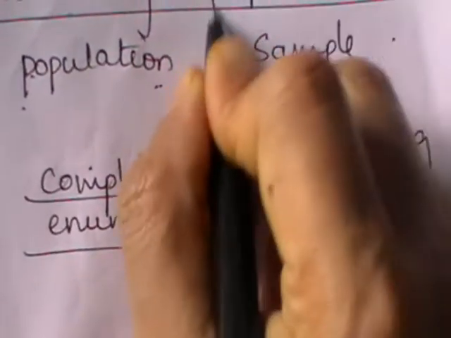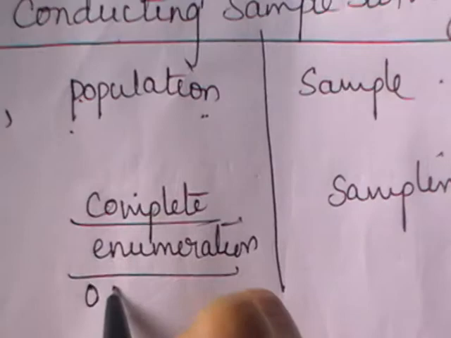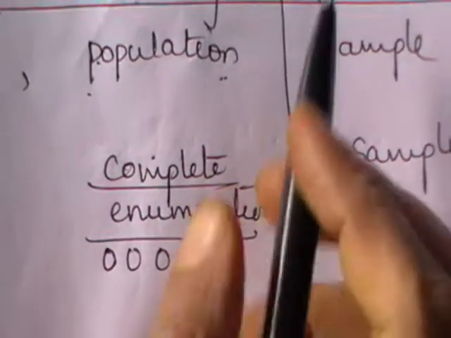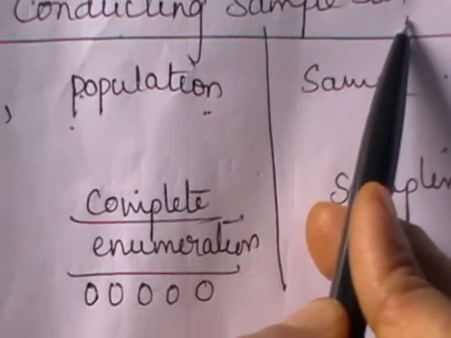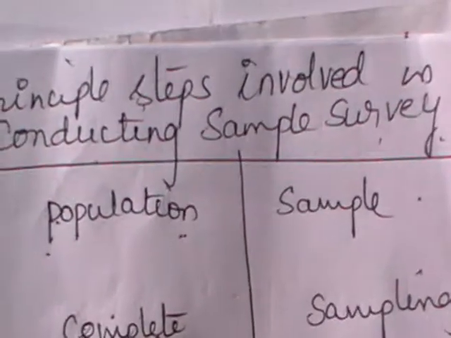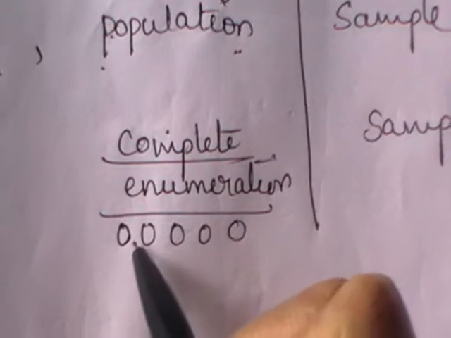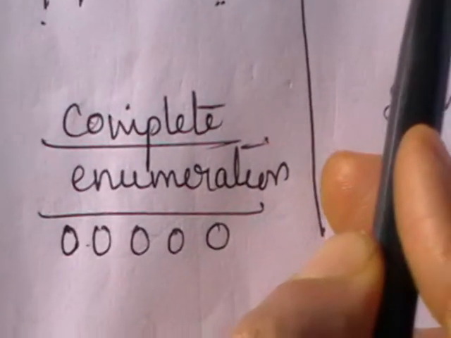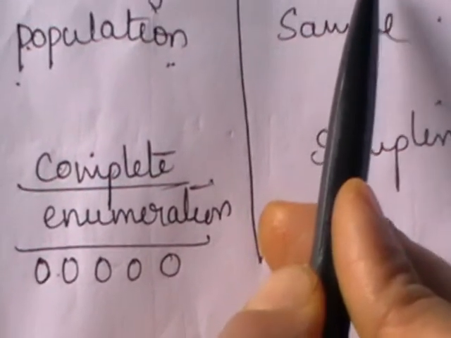What is complete enumeration? The name itself tells that each and every unit of the population is being studied to draw conclusions with respect to a particular survey. Again I repeat, under complete enumeration, each and every unit of the population is being studied to arrive at a conclusion on a sample survey.